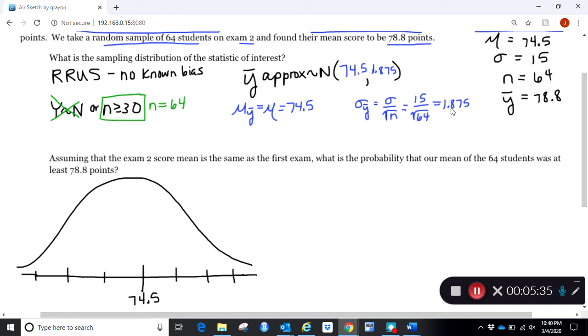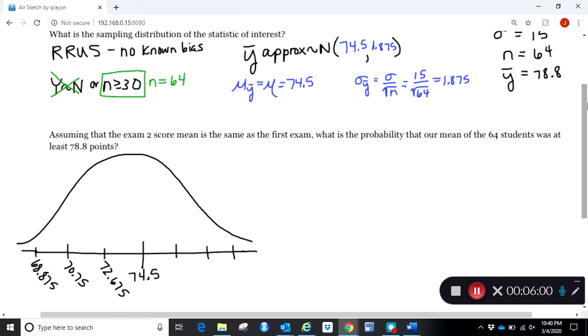So technically my distance here is going to be 1.875 for each value I go out. So we're going to first subtract off that 1.875 each time we move to the left here. And we'll add the 1.875 as we move to the right.